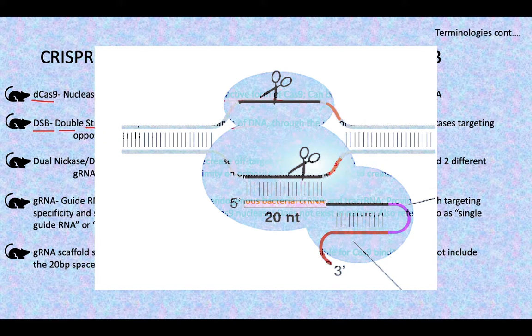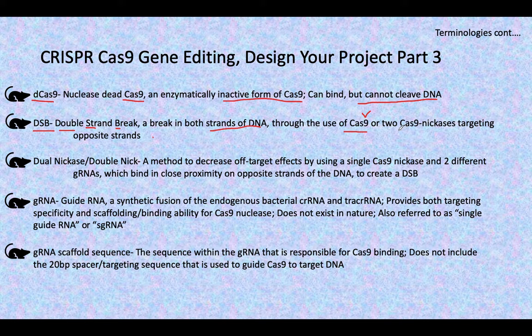We can use the wild-type Cas9, or we can use two Cas9 nickases targeting opposite strands. This one is a little complicated for beginners, so if you are just moving toward CRISPR, you can just ignore it. Later on you will understand it in the best way.